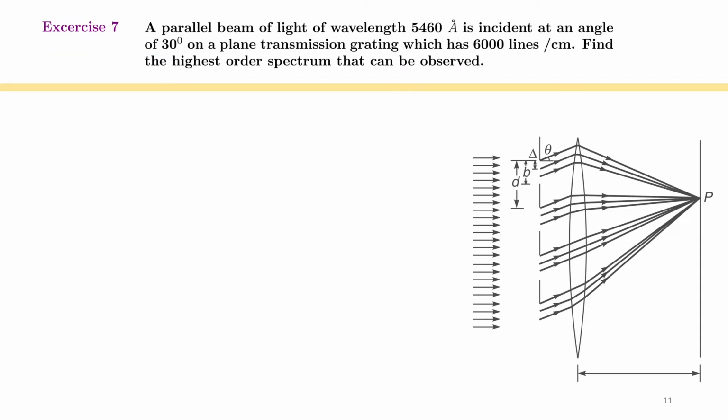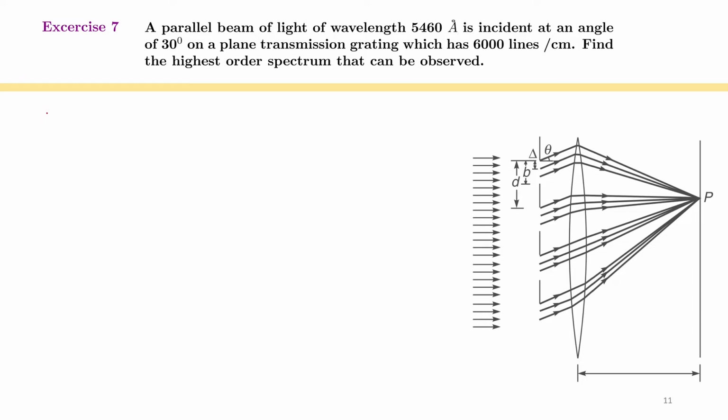Let's try to solve this problem. A parallel beam of light of wavelength 5460 angstrom is incident at an angle of 30 degrees on a plane transmission grating which has 6000 lines per centimeter. Find the highest order spectrum that can be observed.